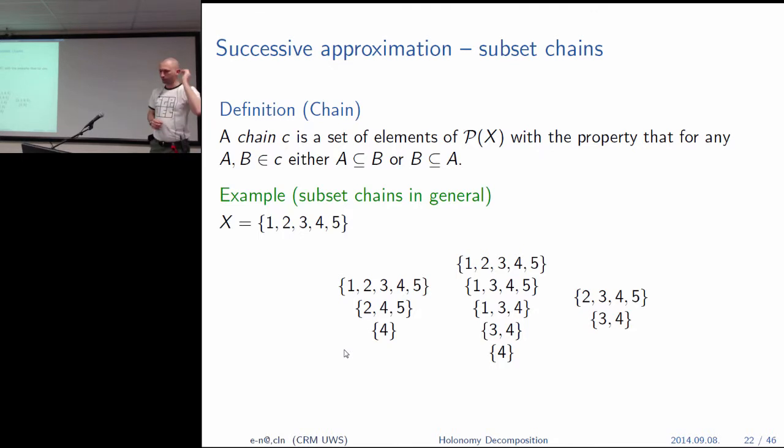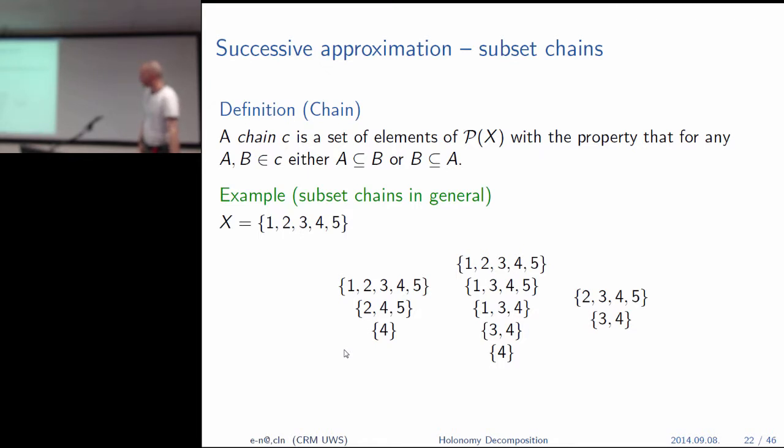And the other way of approximating is that we have subset chains. So the previously mentioned approximation is just a one-step approximation, but of course you can have nested sets, and that's a gradual way of doing this.